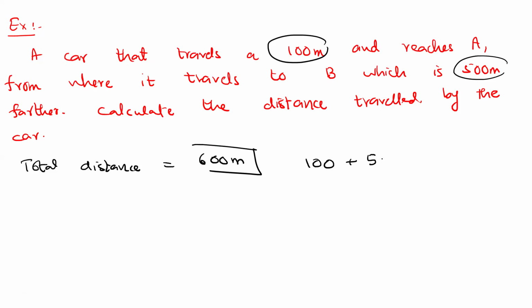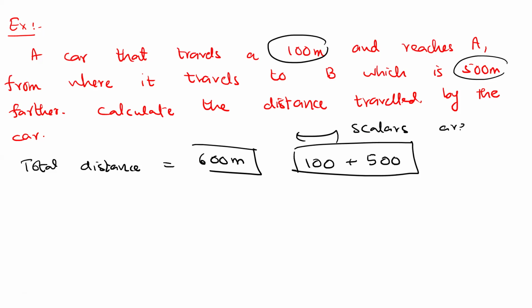We never cared about their direction because we were discussing a scalar concept. So scalars are added or subtracted, I should have written that too, but we'll write it later. Added simply without catering to directions. That's our side note.